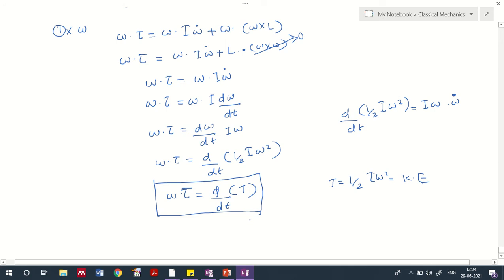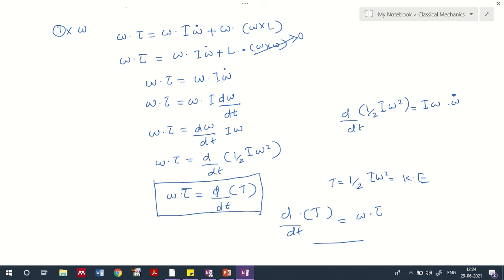So d by dt of T is equal to omega dot tau; you can represent it in either form. This is the relation between torque and kinetic energy. With that discussion, today's session will wind up.